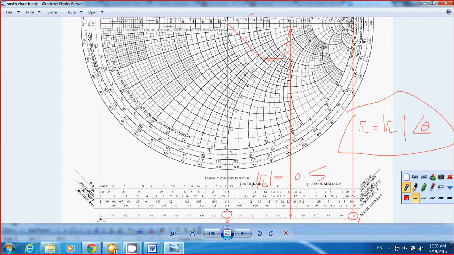Again, you start by looking for the normalized load impedance, which is equal to the load impedance divided by the characteristic impedance, and then you plot ZL on the Smith chart, which becomes a real part plus imaginary part, and this one becomes 2 plus J. You find the plot and you draw the line.